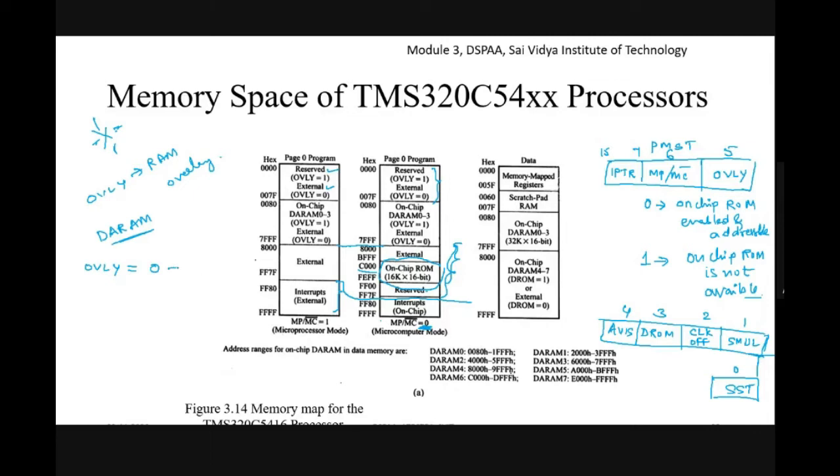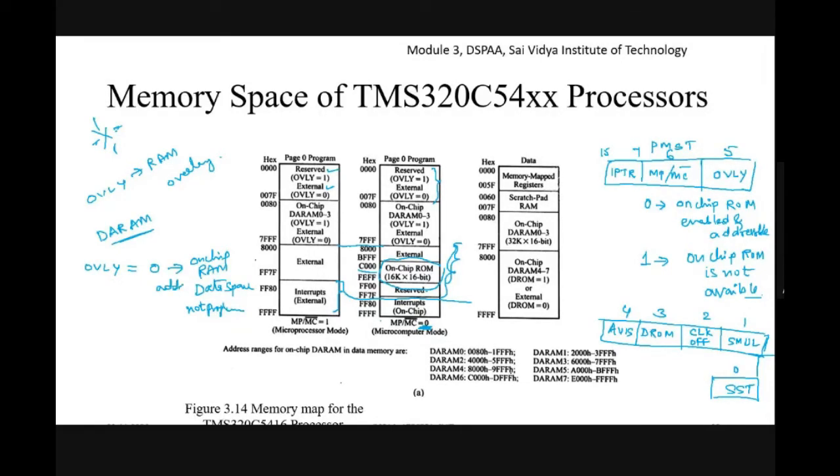See, this on-chip RAM will be there, no? So that on-chip RAM is addressable in data space, not in program space. It is addressable in data space, but not in program space.